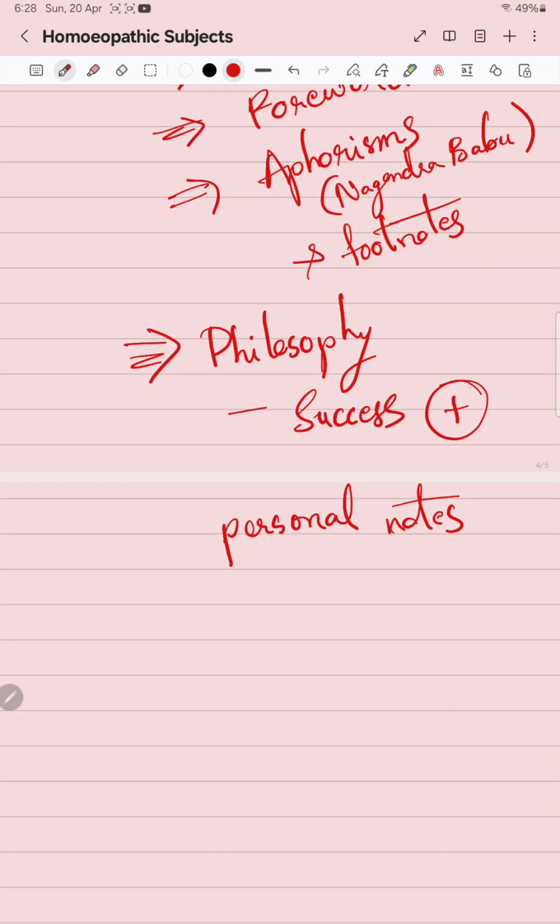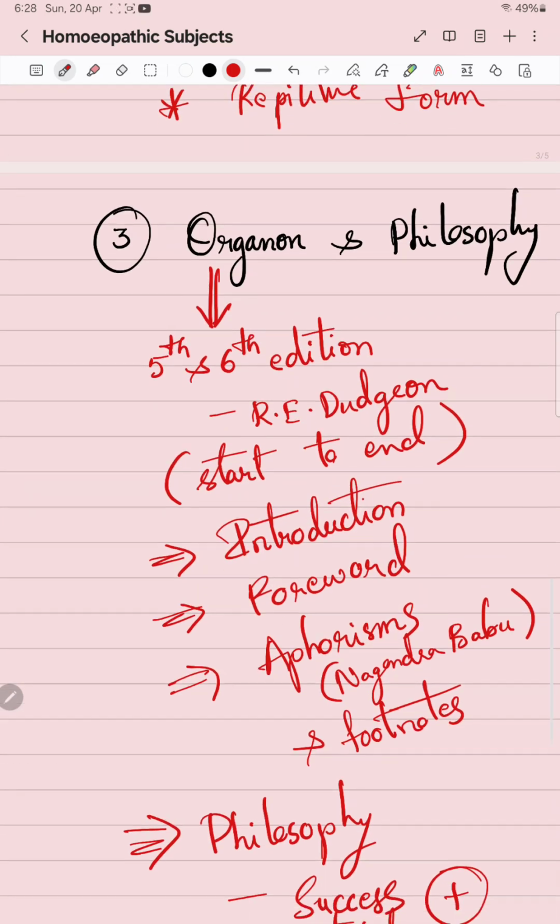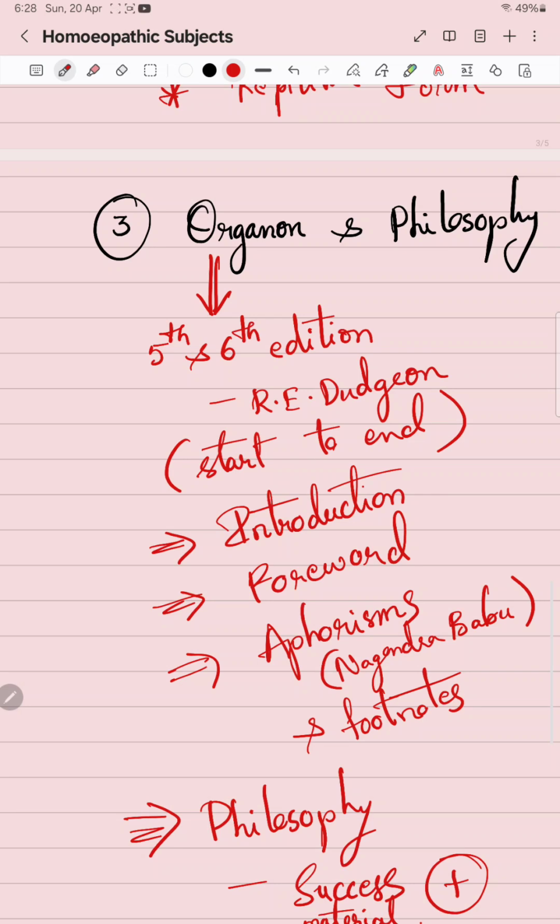So, go through success material, it will be enough for now, but make sure you complete the 5th and 6th edition of Organon of Medicine and Philosophy.